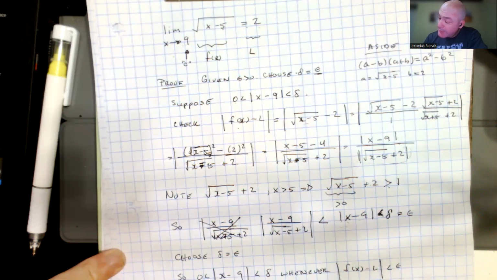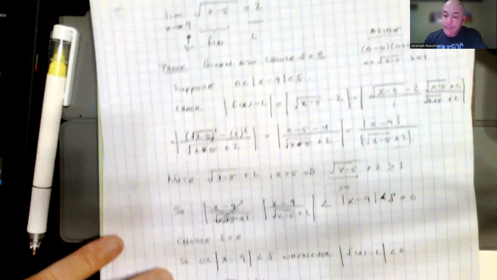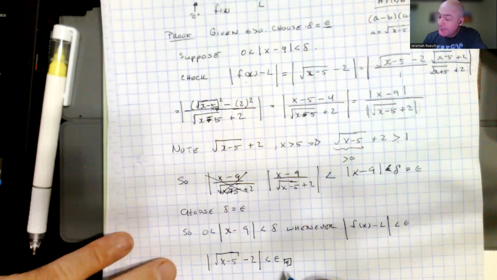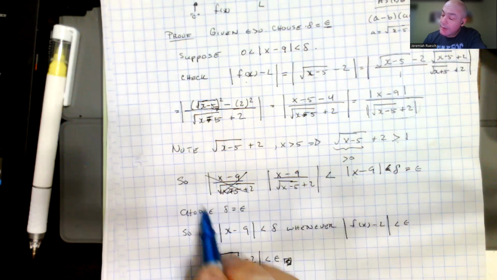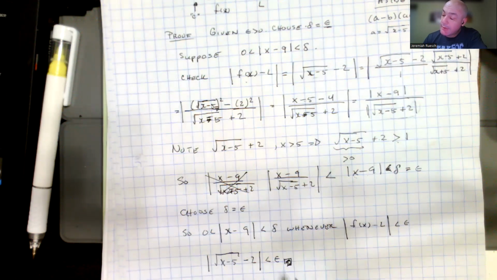Or another way of saying that, specifically to our case, the absolute value of the square root of x minus 5 plus 2 minus 2 is less than epsilon. Okay. This signifies that we're done with it. So this is true whenever we choose epsilon equal to delta.